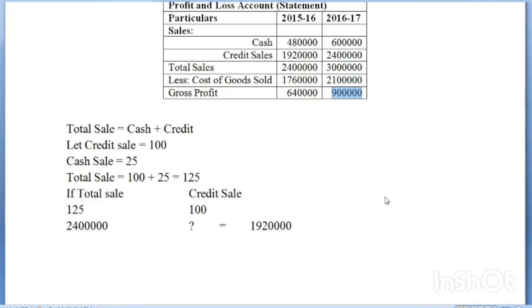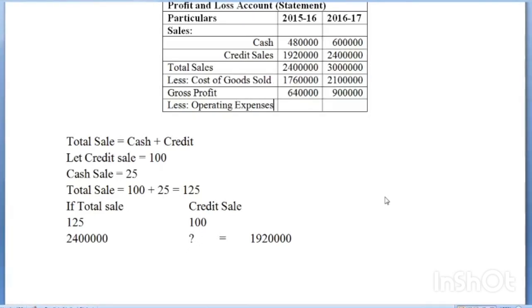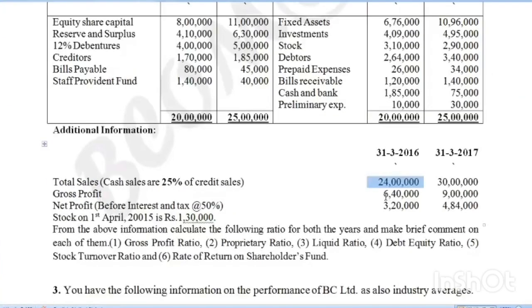Okay. Now, after gross profit, less operating expenses. What are the operating expenses here?